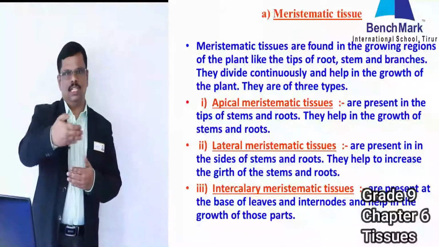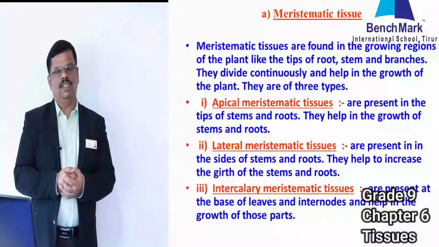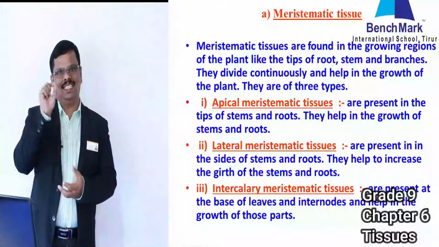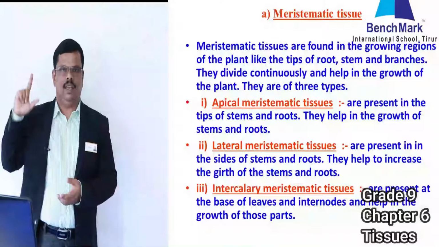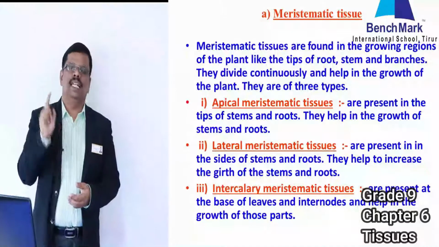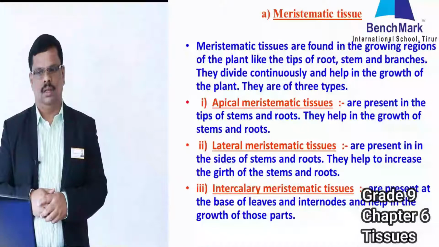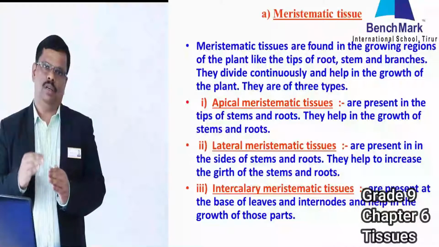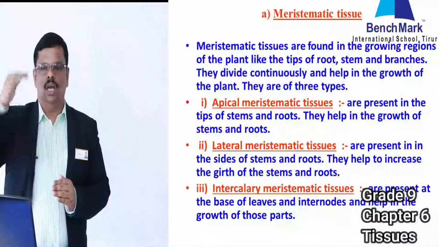So let us see what is apical meristem. Apical meristem is the one which is present in the tips of roots and stems of plants. Meristem means dividing, always dividing. It is living in plants. So they help in what? Growth. It is growth.